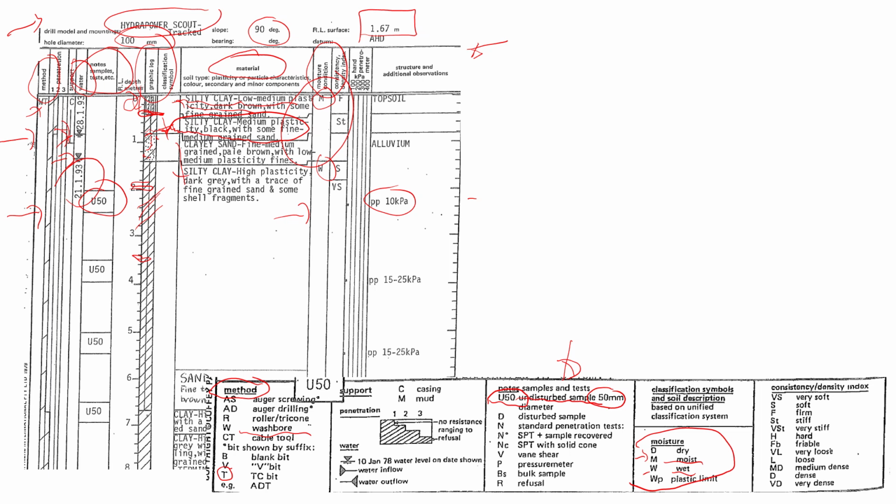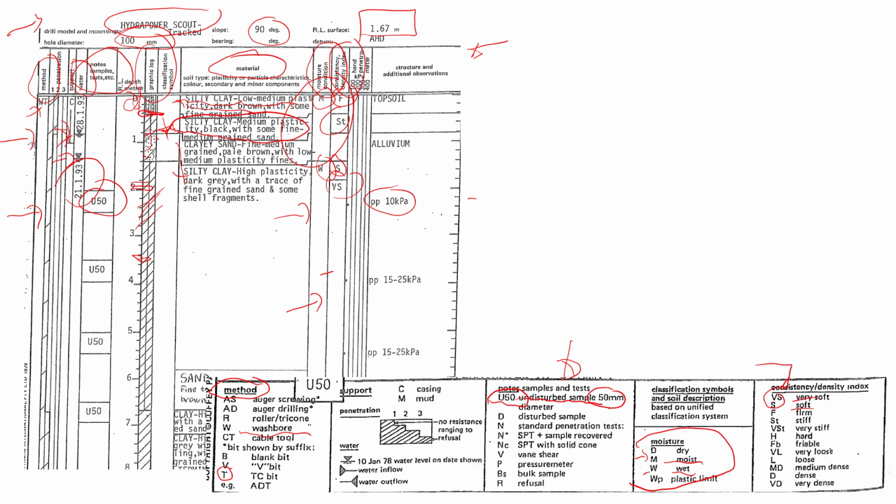So next one will be consistency, this column. It says consistency density index. So here we have more symbols. We have here F, then ST, S, VS, right? So we're going to check the legend again. VS means very soft. S means, I believe, soft.